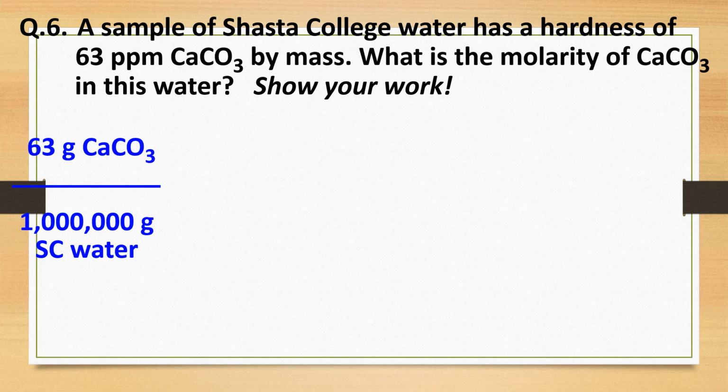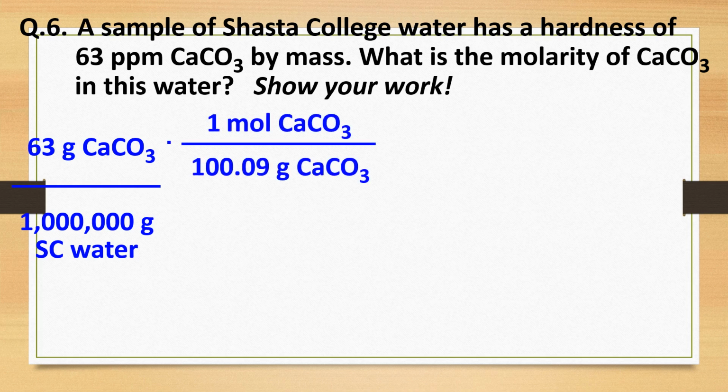So the top part, the 63 grams of calcium carbonate, we're going to convert into moles. To calculate mole numbers, you are all familiar, we simply divide by the molecular weight of calcium carbonate, and we get the mole number, which is 0.63 moles of calcium carbonate.